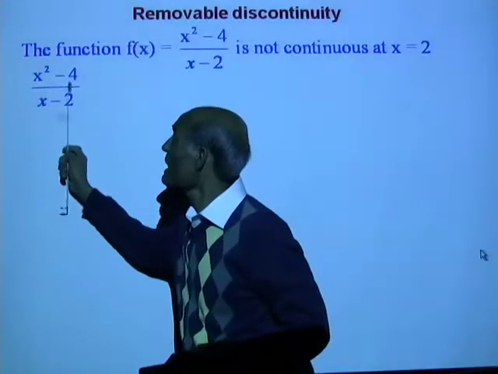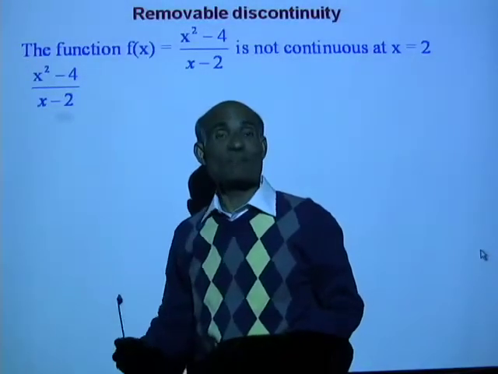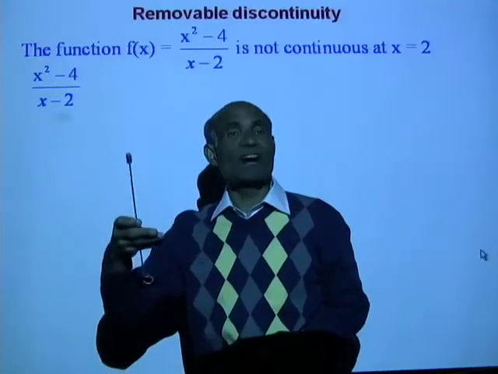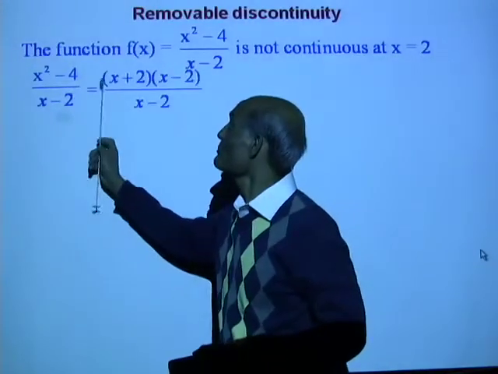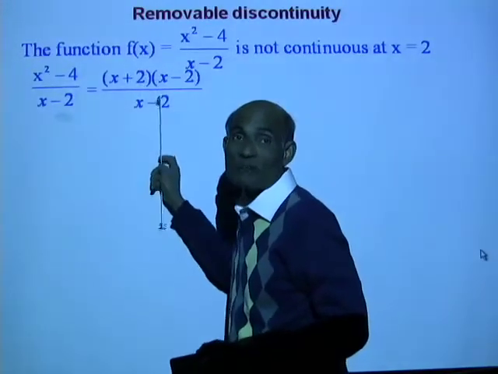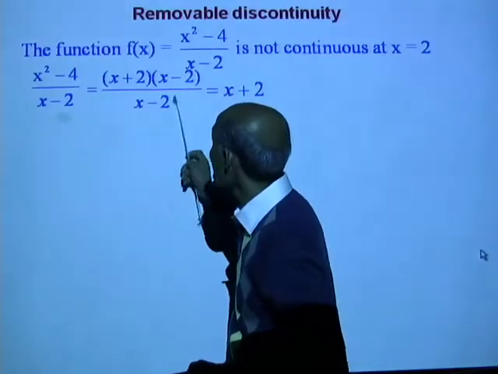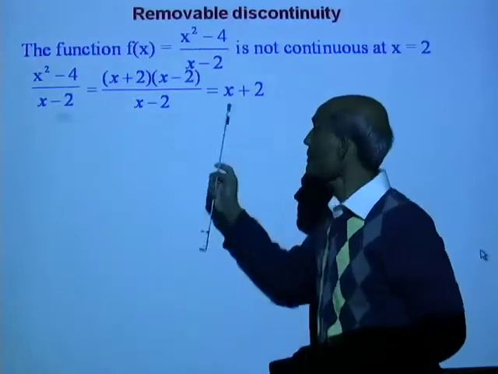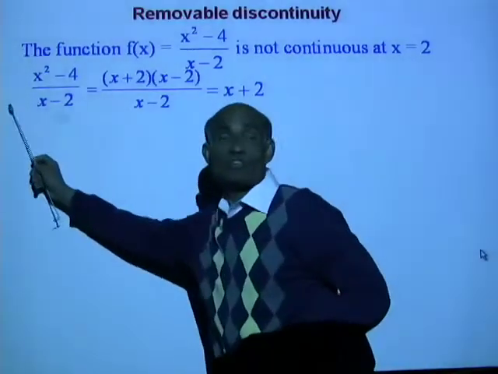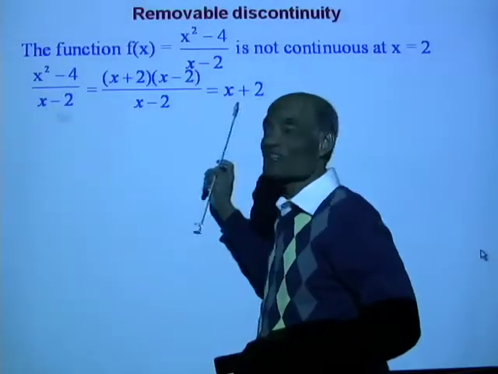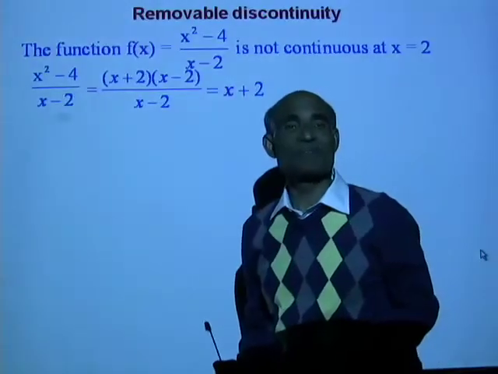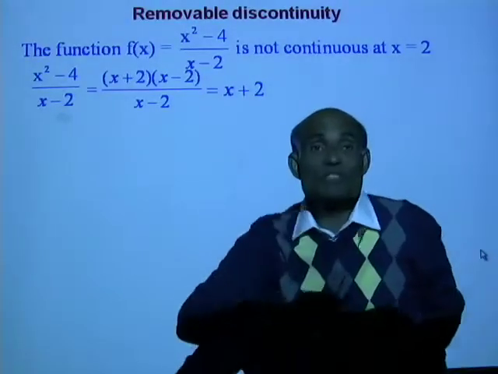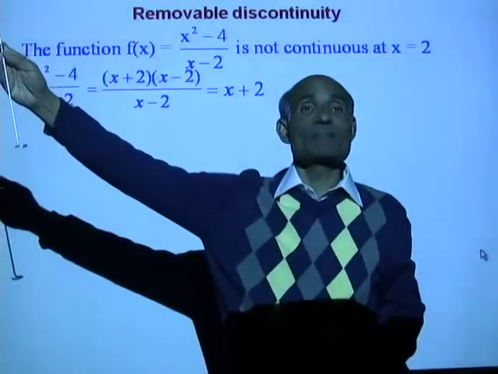What is x squared minus 4? X squared minus 4 can be factored as x minus 2 times x plus 2 and divided by x minus 2. You notice that x minus 2 and x minus 2 will cancel. Actually, this rational function is the same as x plus 2. And you know, x plus 2 is continuous everywhere.